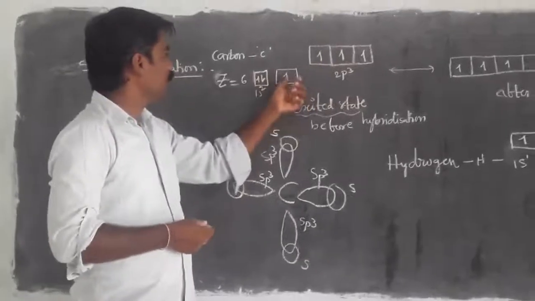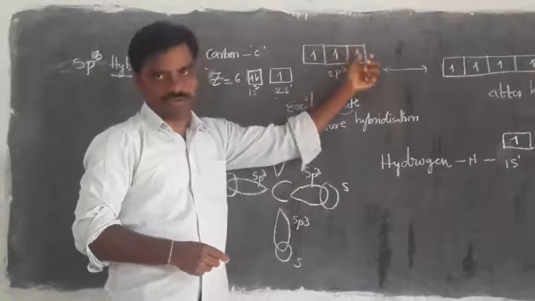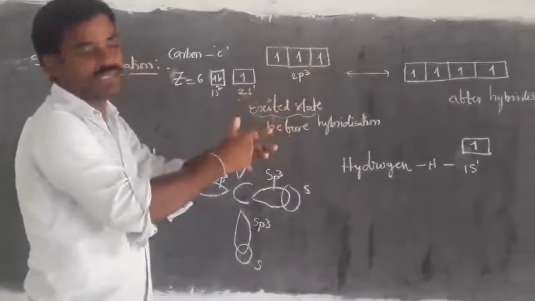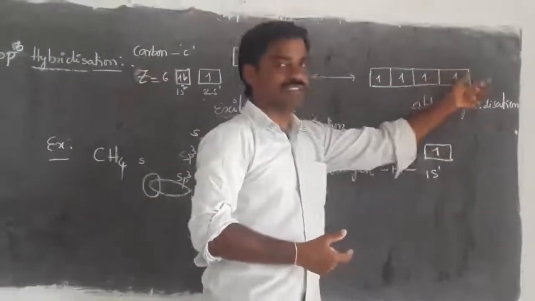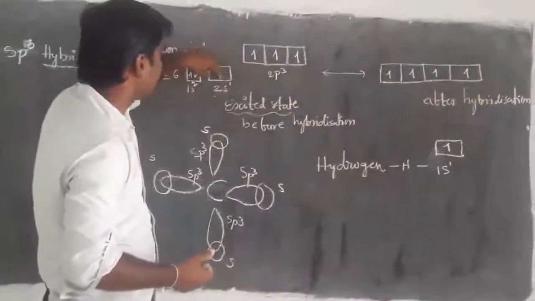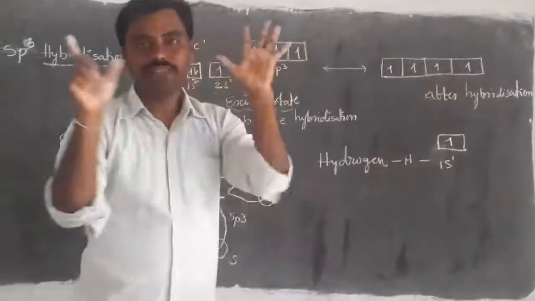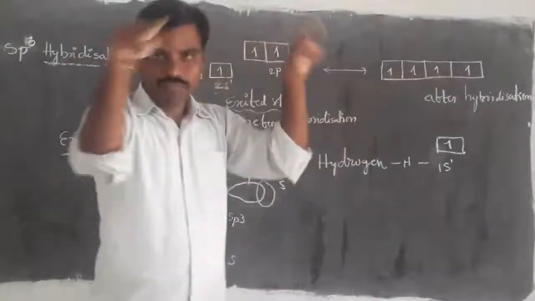Here 2s1, one unpaired electron. Here 2p3, three unpaired electrons. These orbitals can be intermixed and redistributed with the same energy. See, here we have an energy difference, but here I showed it clearly with the energy equal, shown with the same boxes.